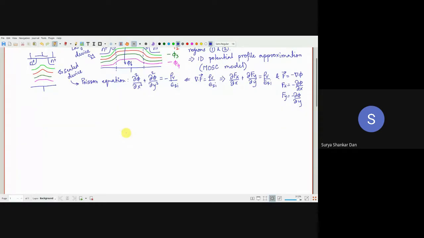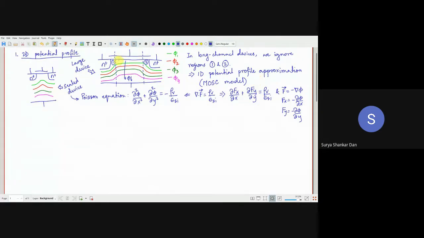So in case of the large channel devices, we used the charge sheet approximation. That means the charges are accumulated exactly like a sheet on the channel. So that means we were ignoring the del phi del x term. So this term is ignored in larger devices. Understood?